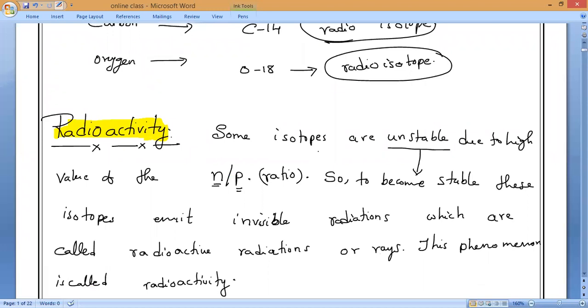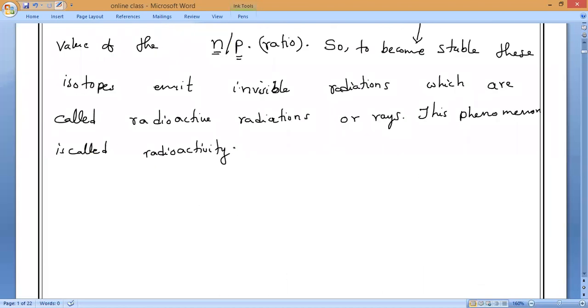So these radioactive radiations, or rays, contain what, guys? They contain alpha particles. What do you mean by alpha particles? We have studied fast moving particles. Remember that alpha particle experiment? Rutherford's alpha particle experiment.